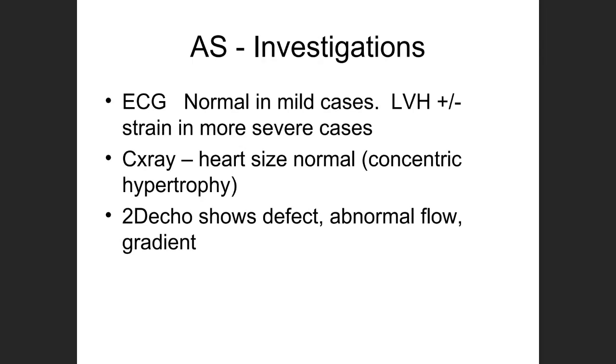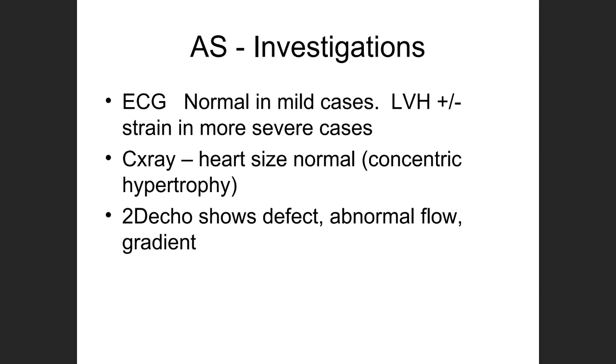The investigations: if there is mild aortic stenosis, the ECG is going to be normal, and there may be, in the moderate and severe cases of aortic stenosis, evidence of left ventricular hypertrophy with ST and T wave changes in the more severe cases. On the chest X-ray, the heart size is normal, which is the usual finding, and there's concentric hypertrophy.